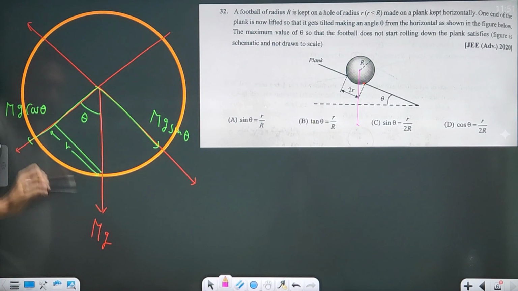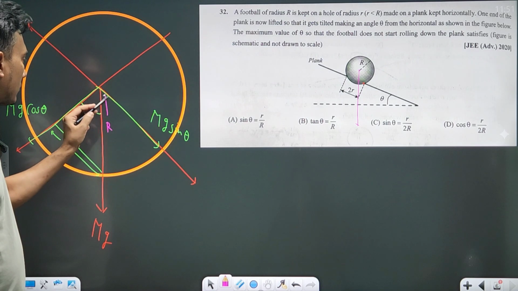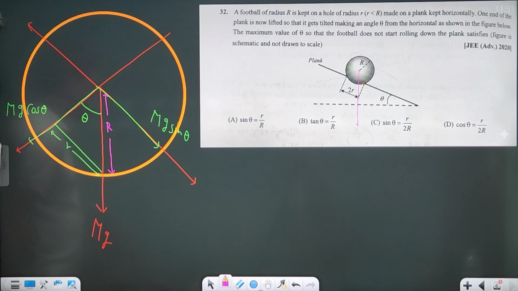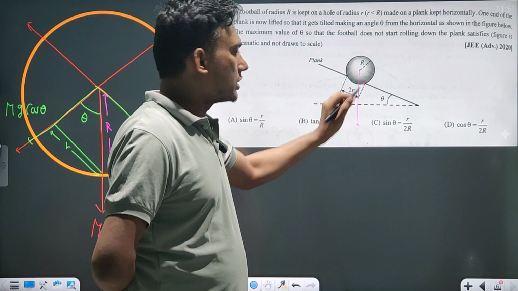This distance is the radius of the football. It is always capital R, because from the center to the circumference all distances are the same. So this is small r, with angle theta and mg cos theta. And the football should not roll about this point.